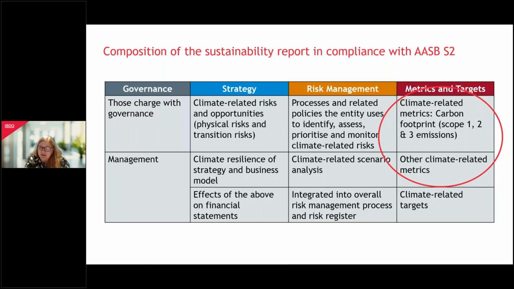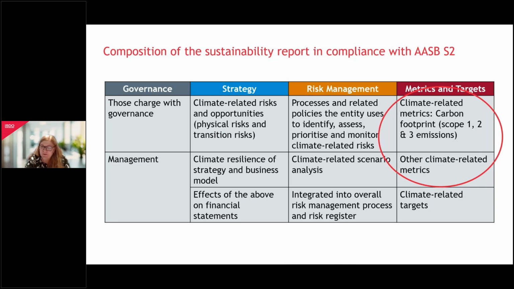And in metrics and targets, they're looking at climate-related metrics, and in particular, the importance of carbon footprint and disclosing your Scope 1, Scope 2, and Scope 3 emissions. Then there's another section looking at all the other climate-related metrics.